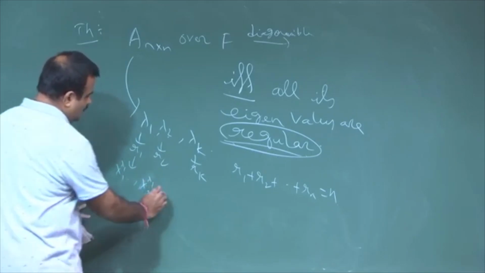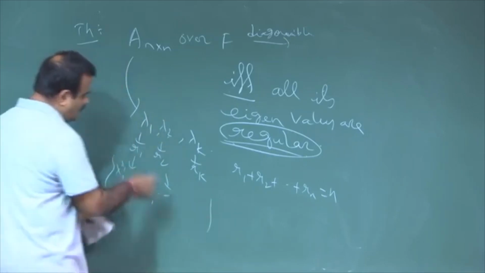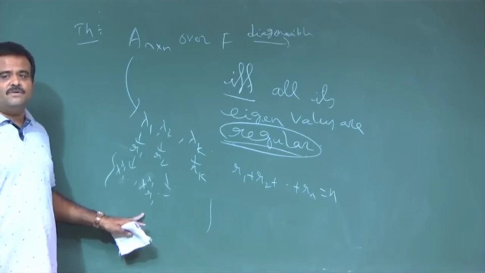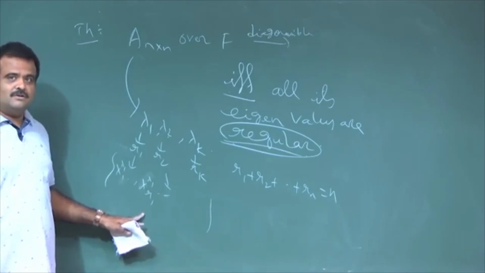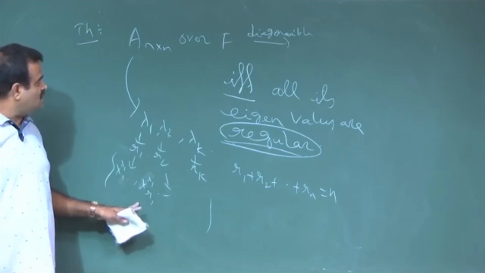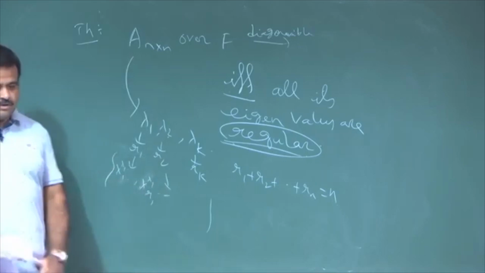These are independent, and similarly for the others. So eventually we have n linearly independent eigenvectors. Once we have that, then we know the earlier theorem, the necessary and sufficient condition, that this is diagonalizable. So, this is another way to look at it.